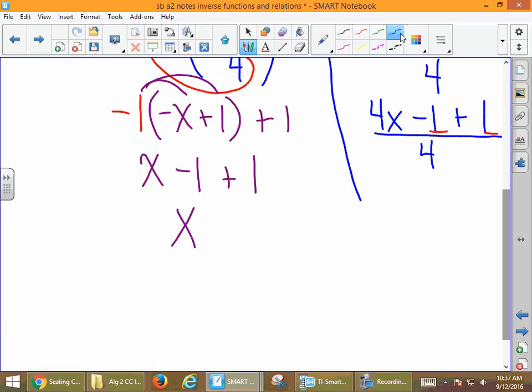They cancel out to be 0. So now we have 4x divided by 4. And what does 4x divided by 4 equal, Tiffany? 1x. So there again, when we have inverses, f of g of x equals g of f of x equals x.